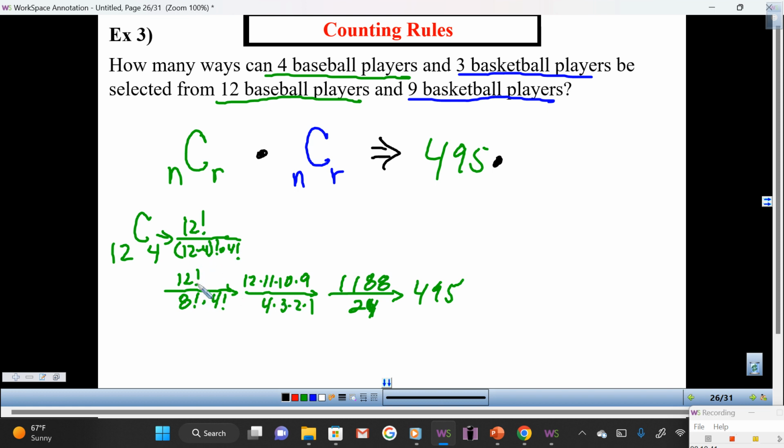Guys, I'm going a little bit faster because we already did this factorial practice in the warm-ups, and I'm assuming you guys can see it.